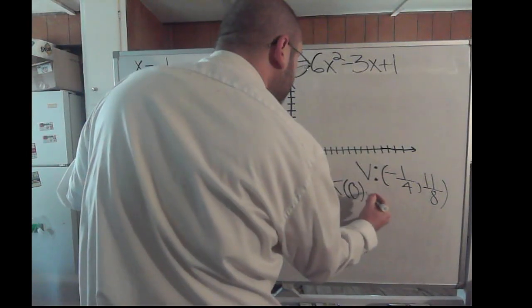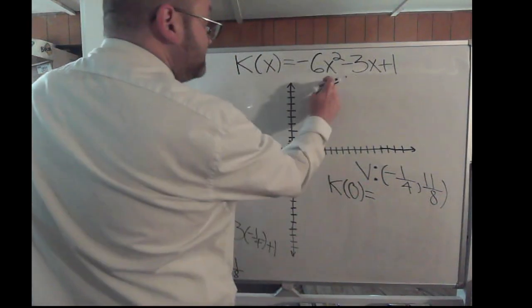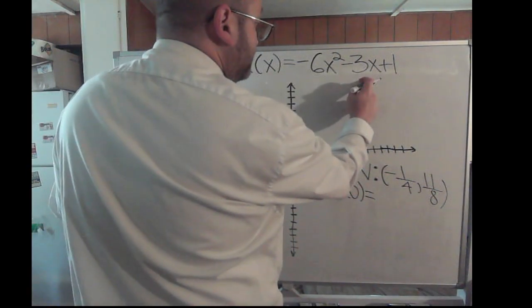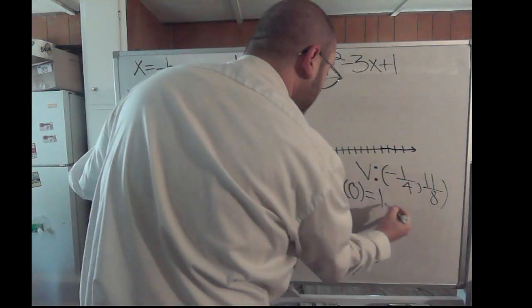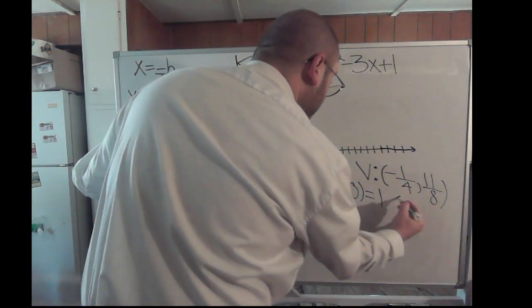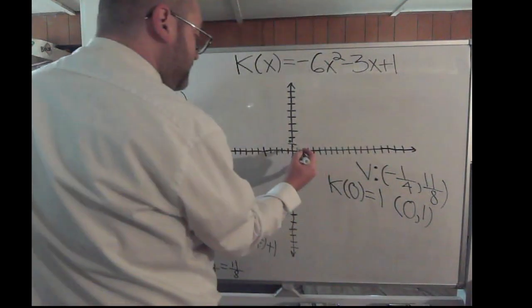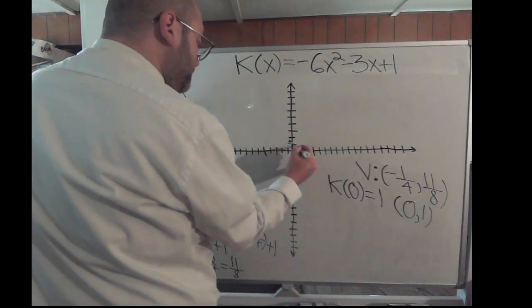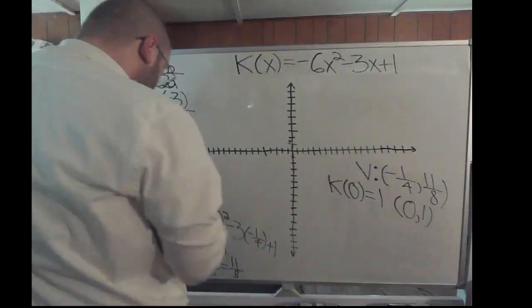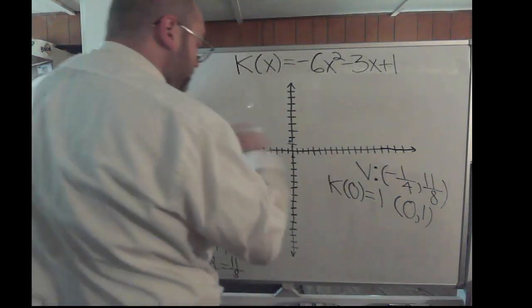So when x equals 0, negative 6 times 0 is 0, negative 3 times 0 is 0, you just get 1. So you'll get the point 0, 1. That's on there.